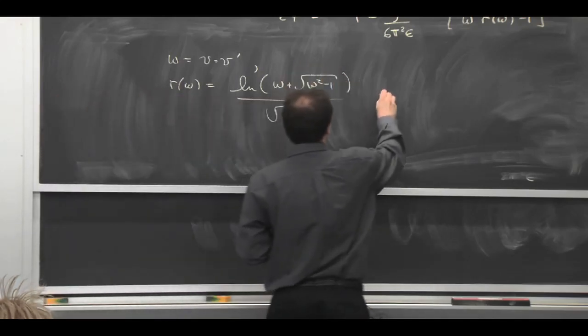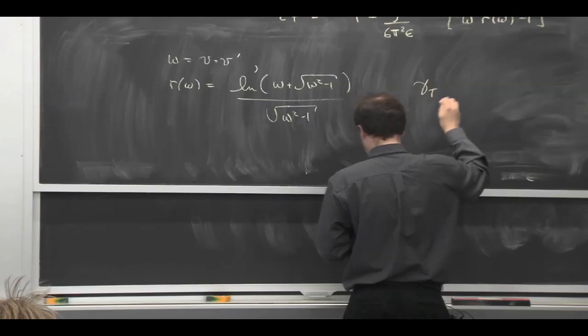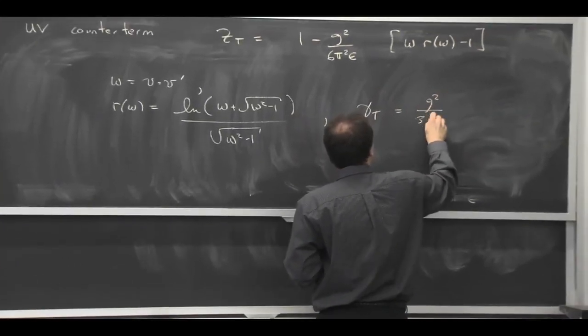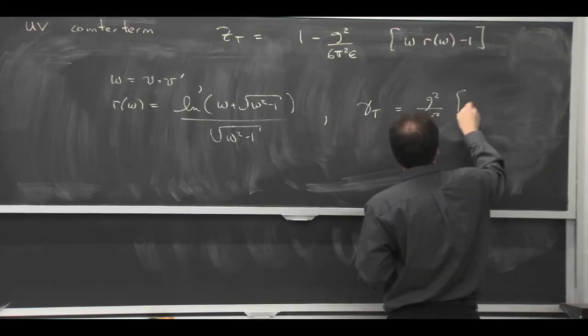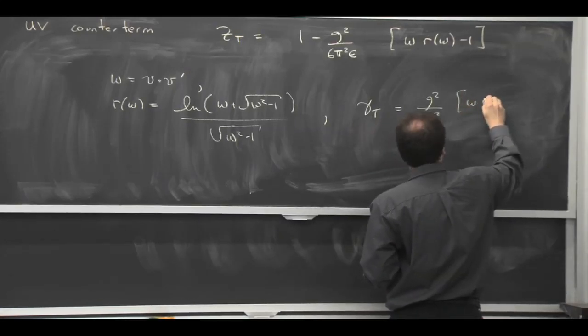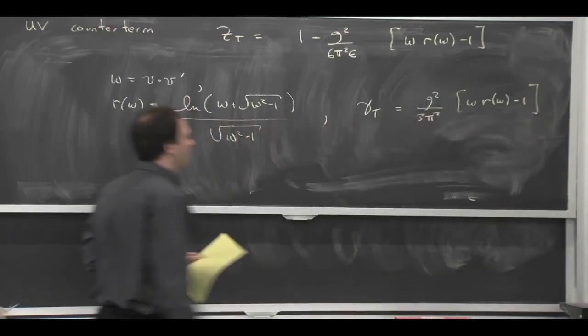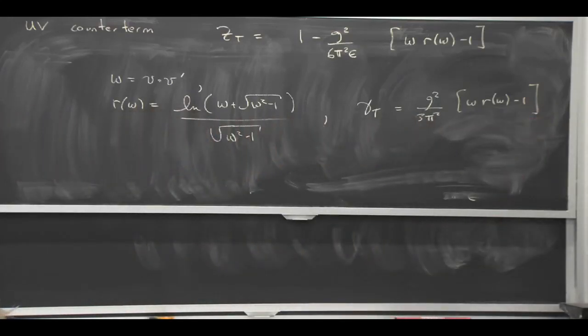So that counter term would lead to an anomalous dimension, which depends on this r of w. The reason that can happen is because v squared is 1, v prime squared is 1, but v dot v prime need not be 1.